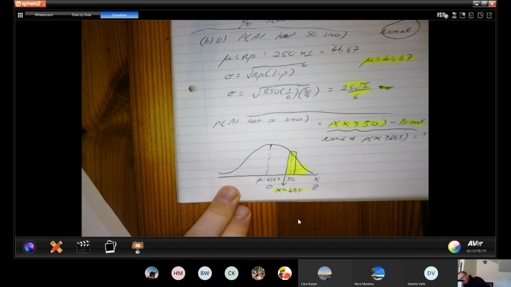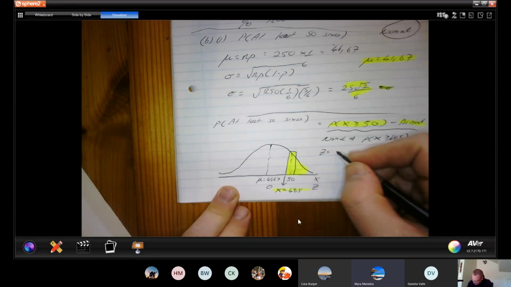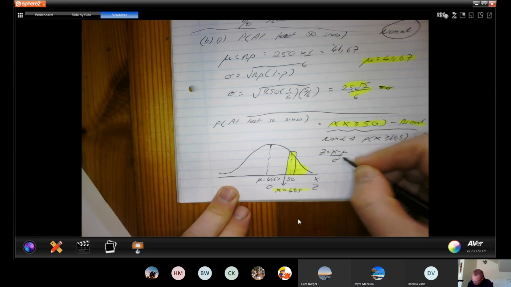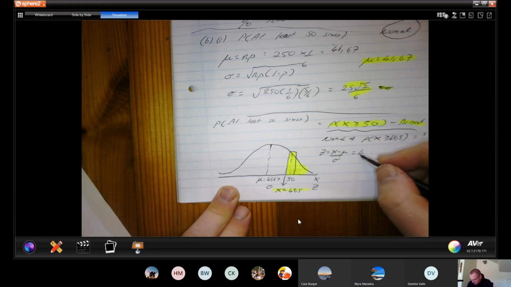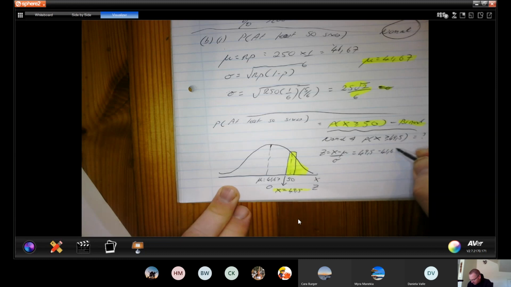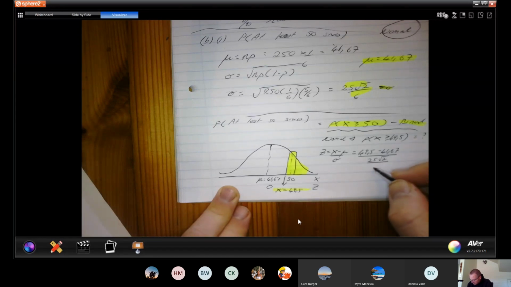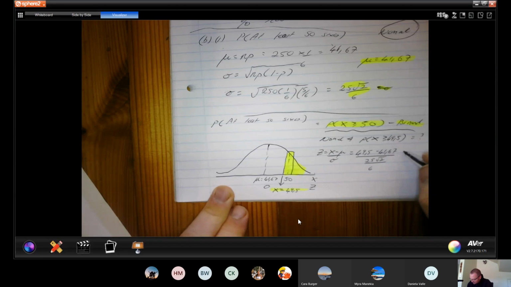So what's my next process? Finding the z score. Good. So z is equal to x minus mu over sigma, so it's going to be 49,5 minus 41,67 over sigma, and sigma was 25 root 2 over 6.